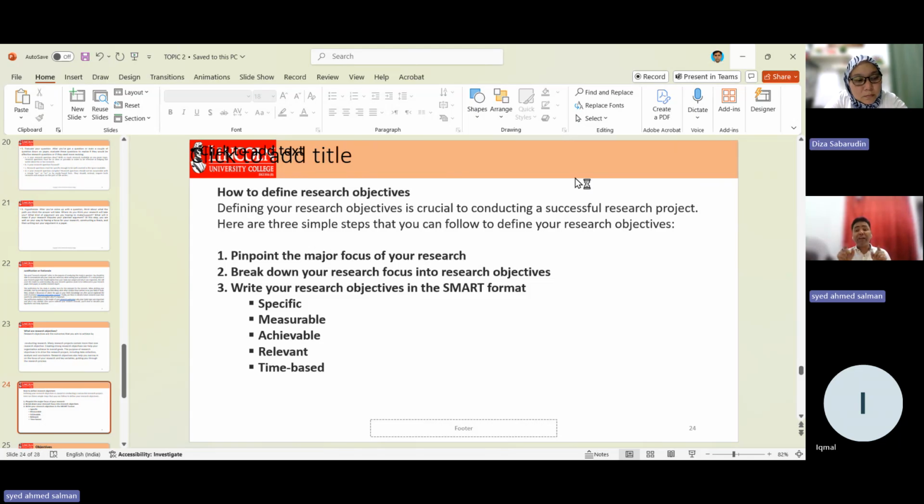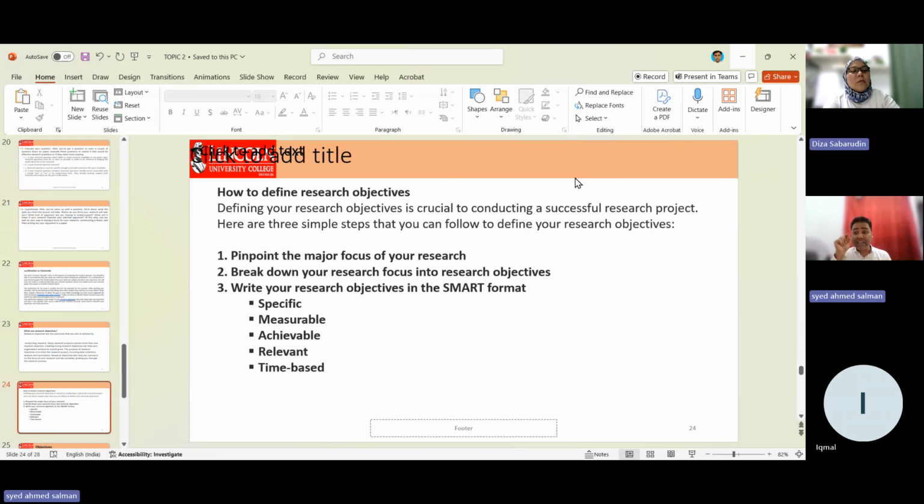Whenever we are developing the research objectives, we have to understand the SMART format. We have to develop the research objectives based on the SMART format. What is SMART?